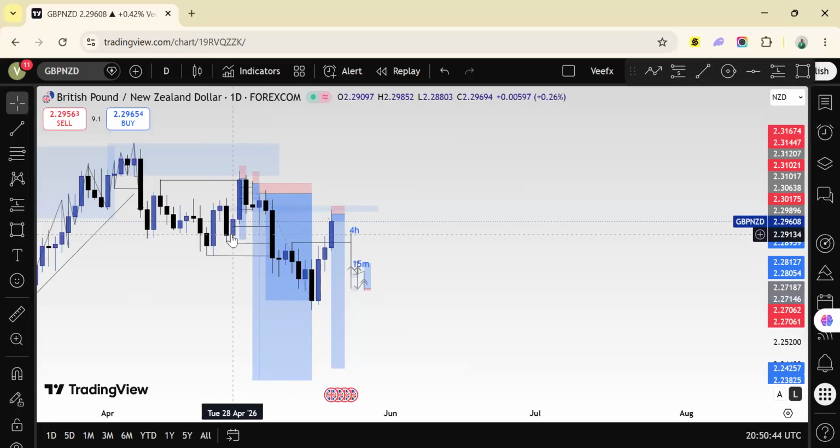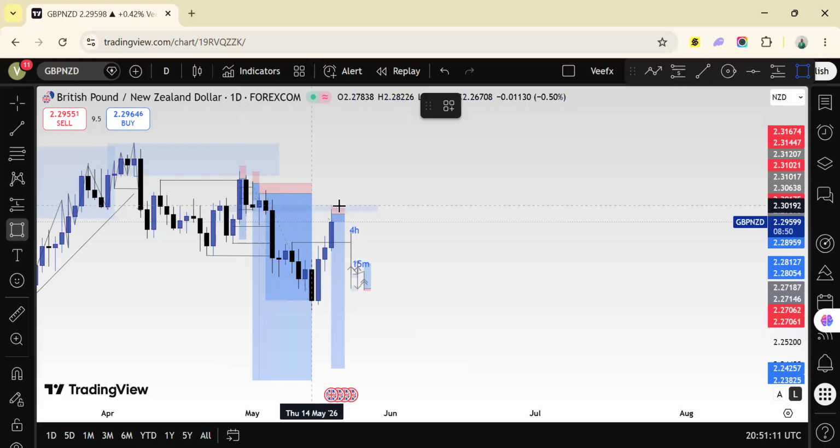I don't count this as a breaker block because this is how I mark my own breaker block: a small bullish, a small bearish candle and a bullish candle that engulfs it. That's how I mark my bearish breaker block. But in this case, this is not it, so that's why I didn't mark here, and that's why I marked this breaker block here as my breaker block.